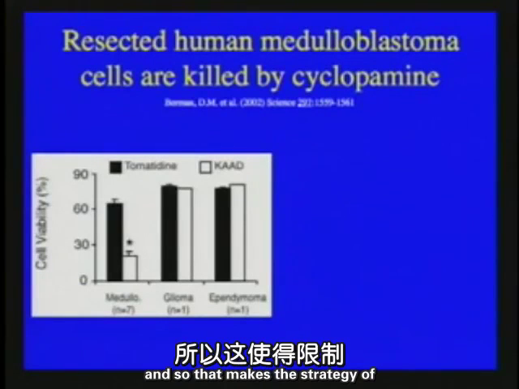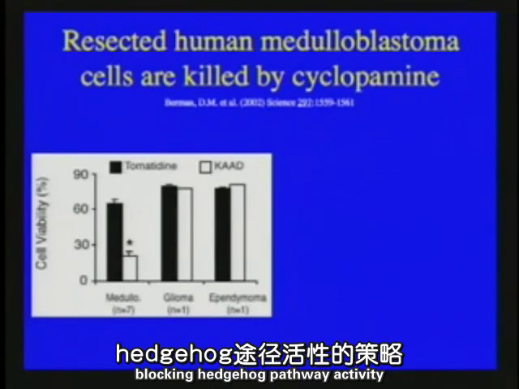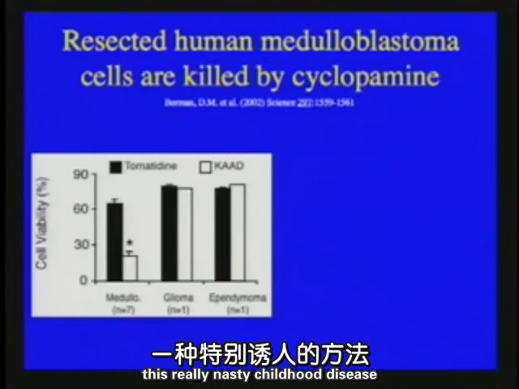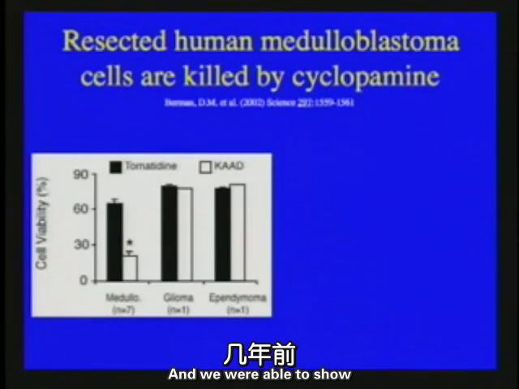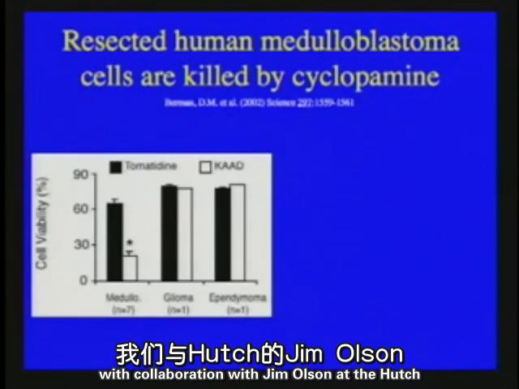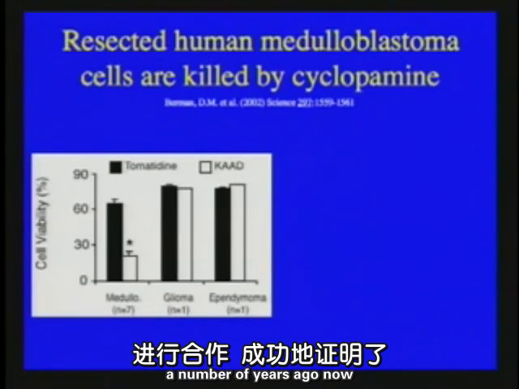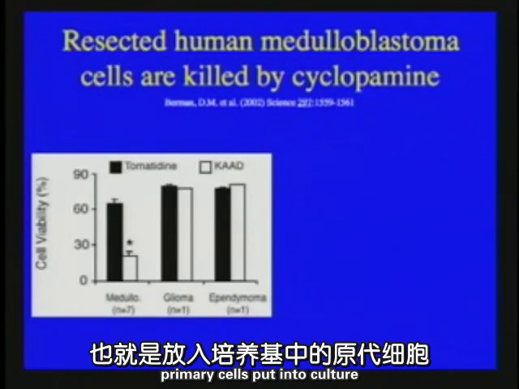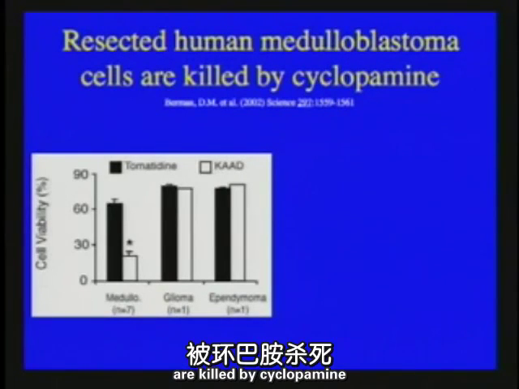And so that makes this strategy of blocking hedgehog pathway activity a particularly attractive one for this really nasty childhood disease. And we were able to show, in collaboration with Jim Olson at the Hutch a number of years ago now, that resected human medulloblastomas, primary cells put into culture, are killed by cyclopamine.